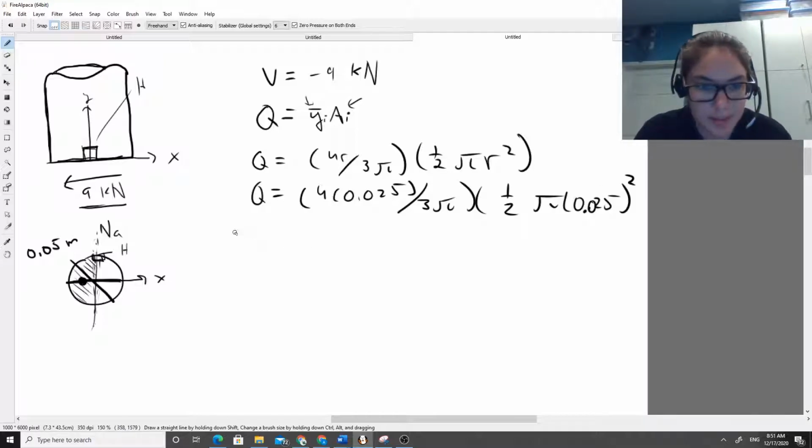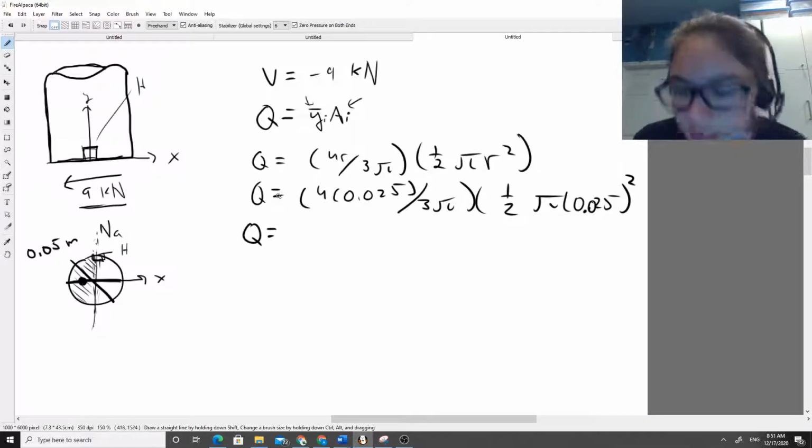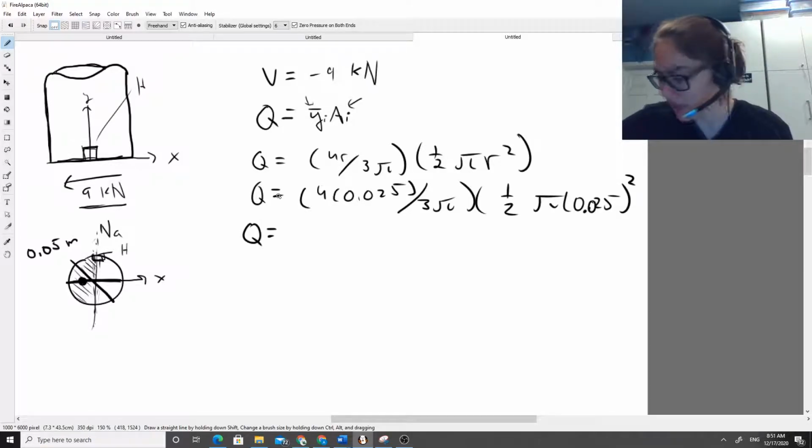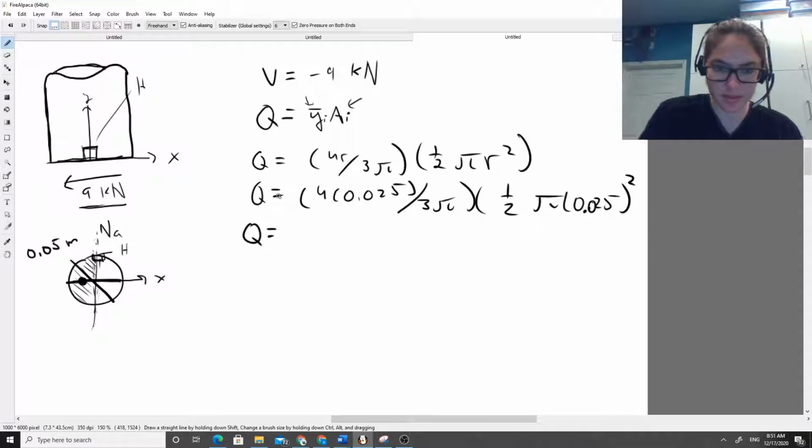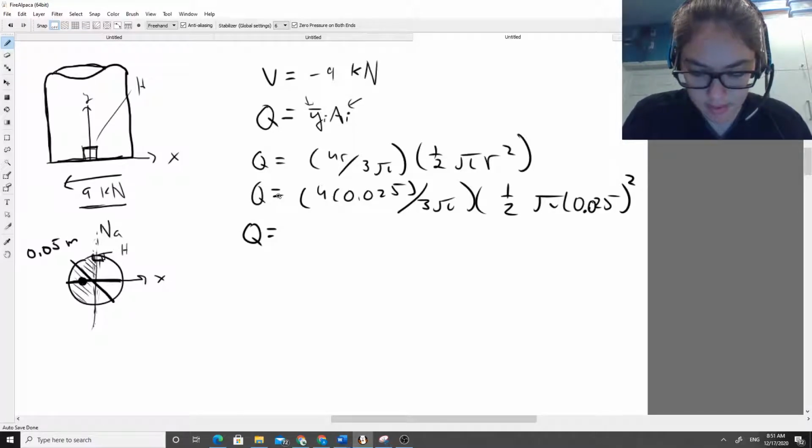I'll plug that in my calculator, and that should give us a definitive answer for our first moment of the outer area. I might have done something wrong, so I'm going to do that again. 4 times 0.025.